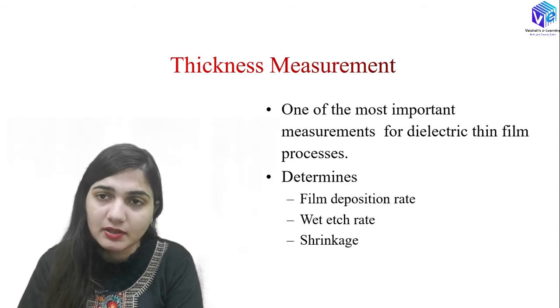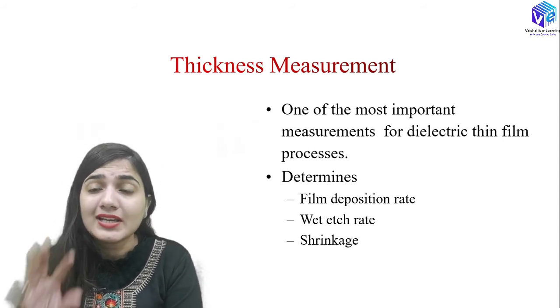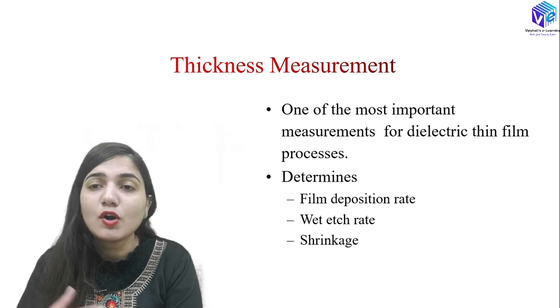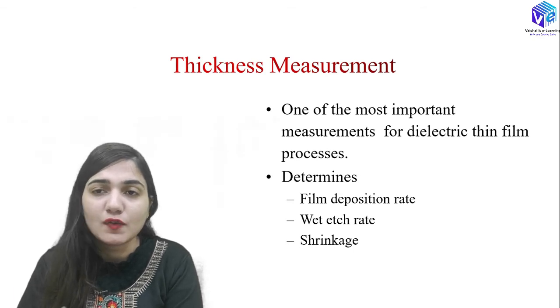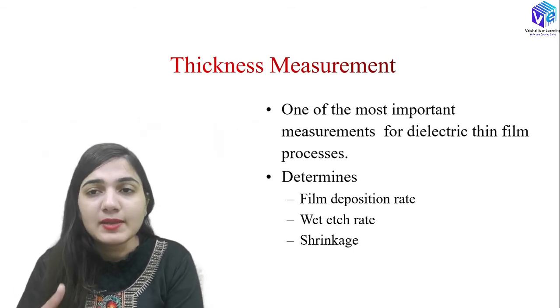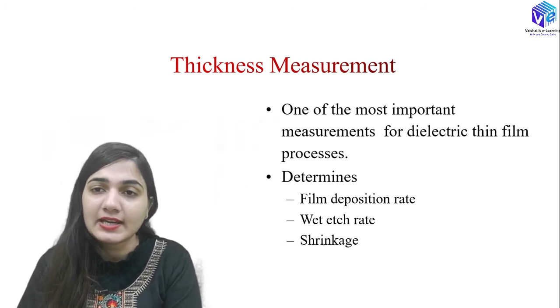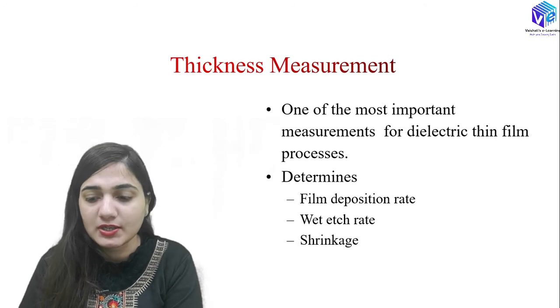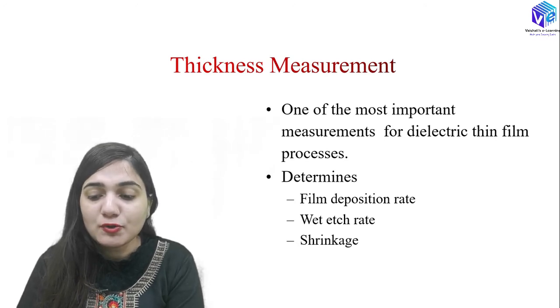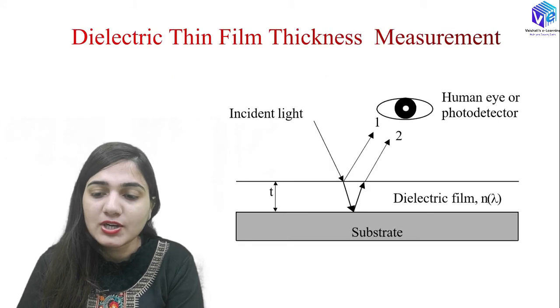So the thickness denotes the practical application of the dielectric thin film that we have deposited. So we need to know the exact thickness of the film we have deposited. It determines the film deposition rate, the wet etch rate, and also the shrinkage.